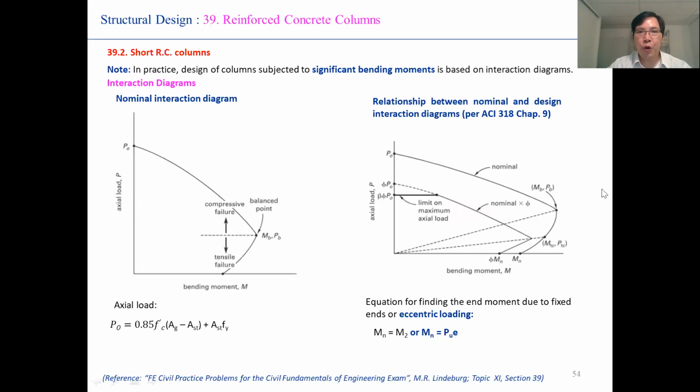And this figure shows the relationship between nominal and design interaction diagram. And the equation for finding the end moment due to the fixed end or eccentric loading: Mn equal to M2 or Mn equal to Pu times e.